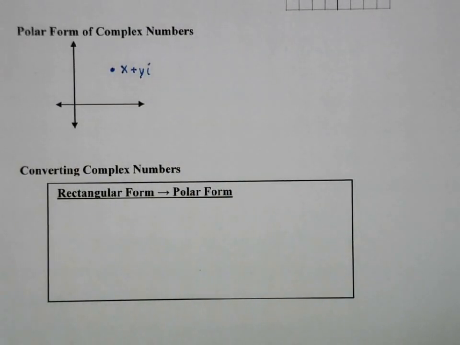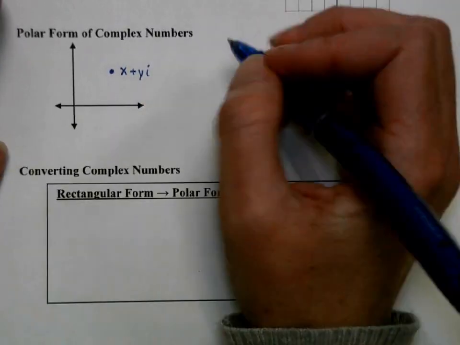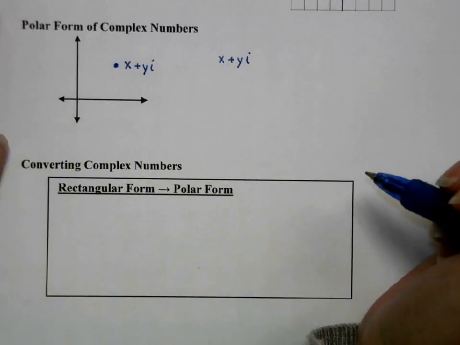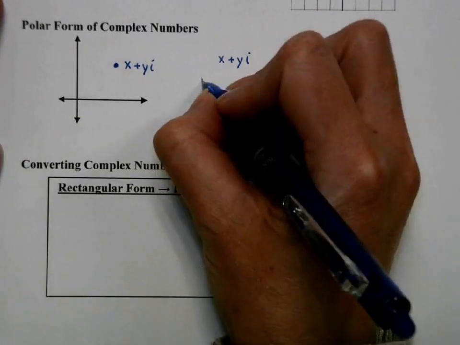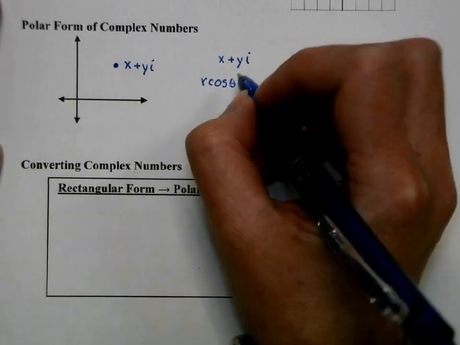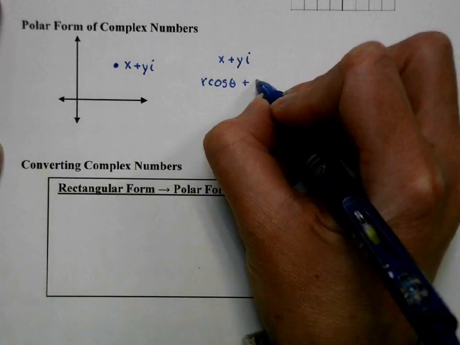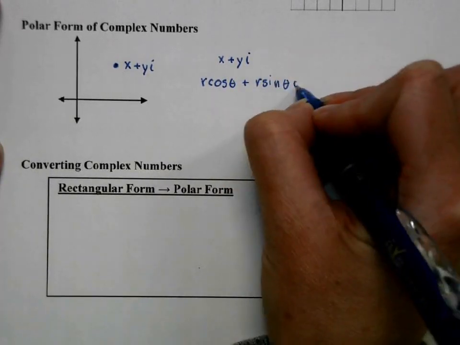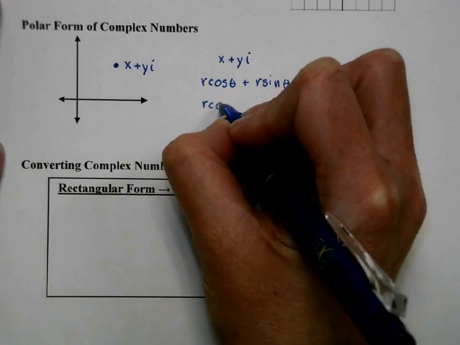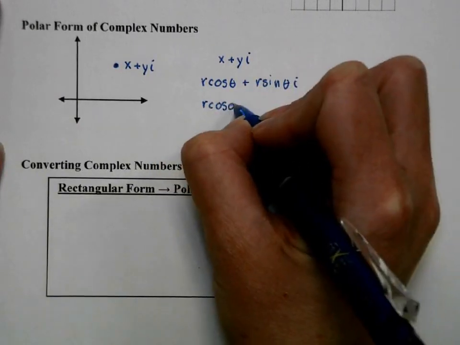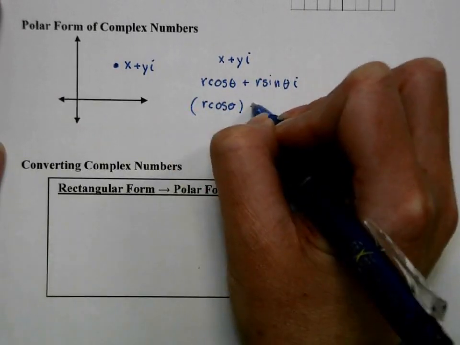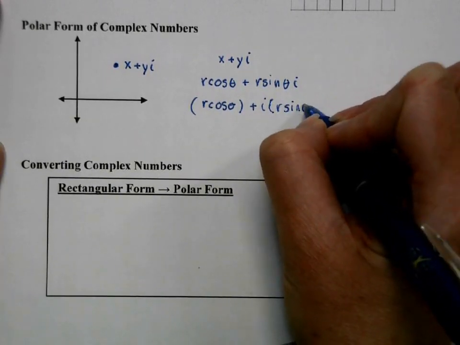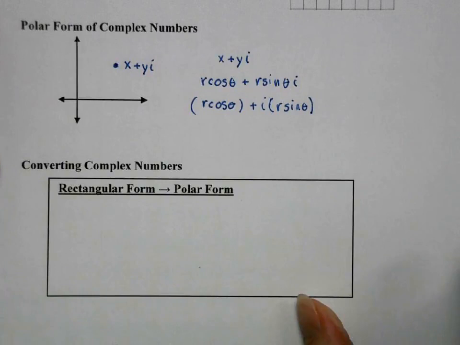From our previous conversions, we know x is equal to r cosine theta and y is equal to r sine theta. So we're going to write this as r cosine theta plus i r sine theta. Okay, so it's going to look kind of different, but it's just the polar form of a complex number. The conversions are going to be just the same.